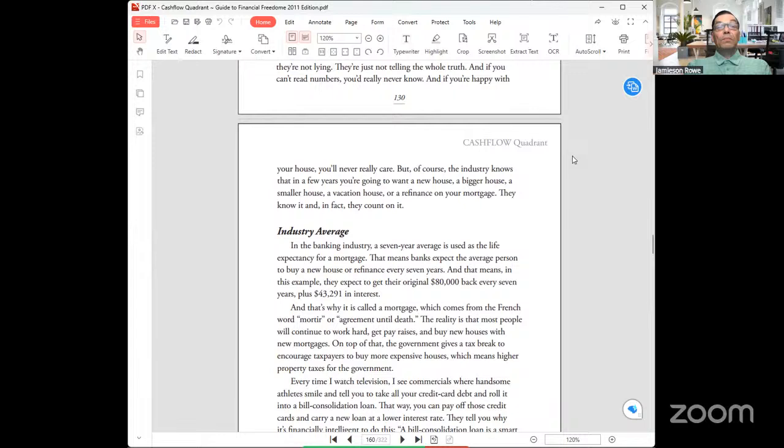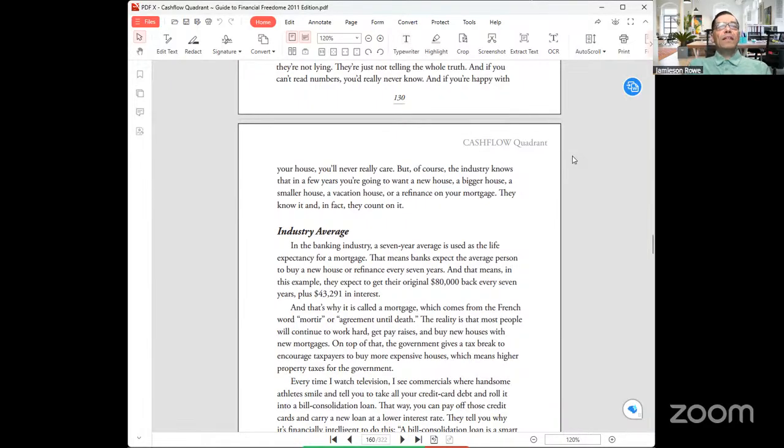Refinance your mortgage, pay all the points, pay all the additional costs, and just restart that one more time, and that just starts the pain one more time too. Although they make it seem like it's going to be a great thing. They know it, and in fact, they count on it.